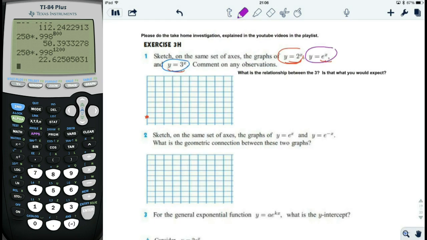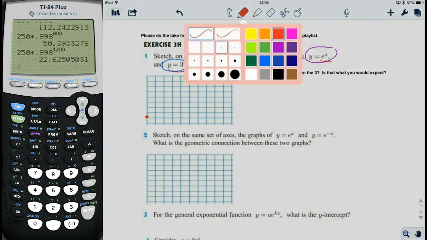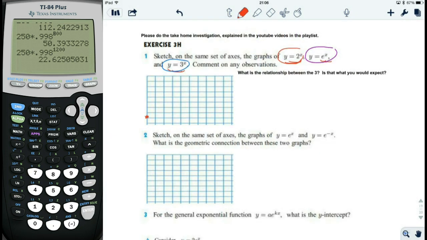Okay, so let's graph some points for 2 to the x. So the first point would be 1, the second point would be 2, the third point would be 4, the fourth point would be 8. Okay, and then I'm going to graph the blue one.